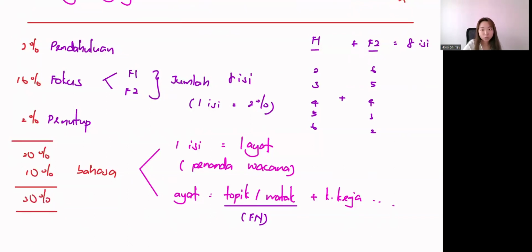And then in order to secure your paper, you must get 25 and above. So basically, if all your focus and isi are correct, and you follow the penanda wacana and the bahasa of these two, 25 and above is not an issue.